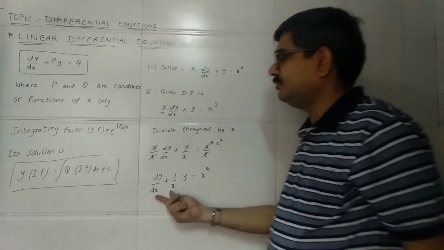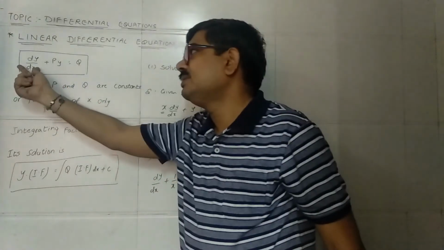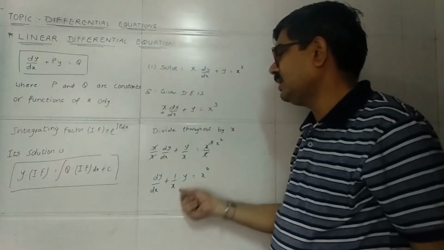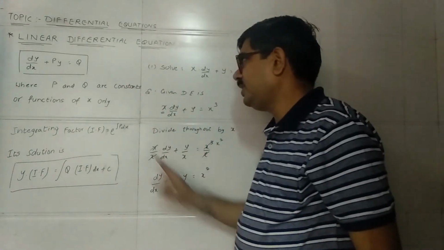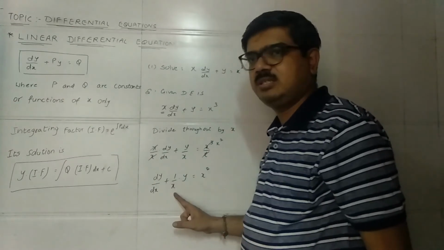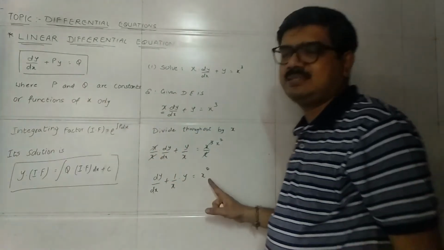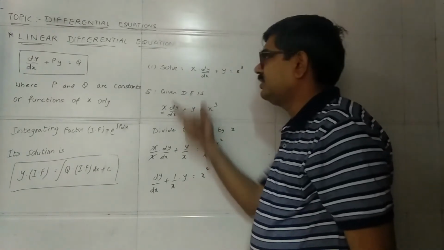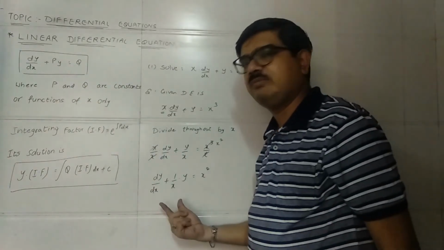Now you can see, the first term we got is dy by dx, same as the format of the linear differential equation. Second term, p into y is there, and I told earlier that p must be in terms of x or constant, so here it is in terms of x. And in the RHS also an x term is there, that is q. So the given differential equation is reduced to this form, that is a linear differential equation.